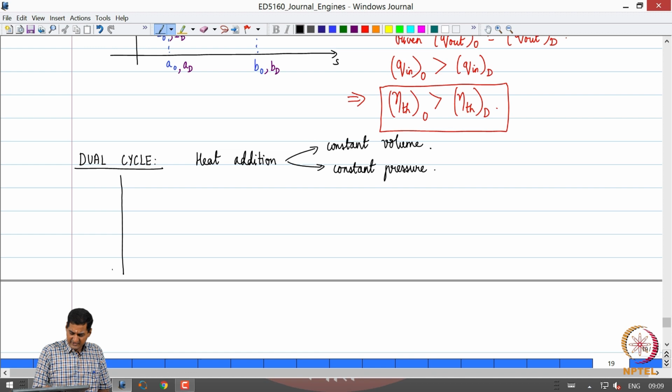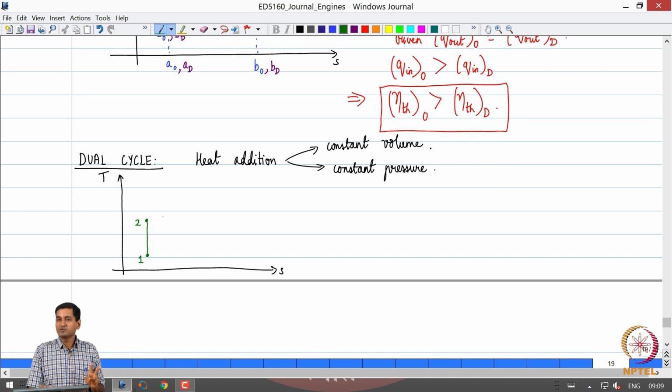If I were to draw the TS diagram for the dual cycle, it will look something like this. I will start with state 1. I will go to state 2, the compression process being isentropic. Then there will be two heat addition processes, one at constant volume, another at constant pressure.